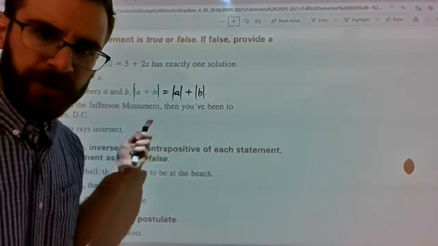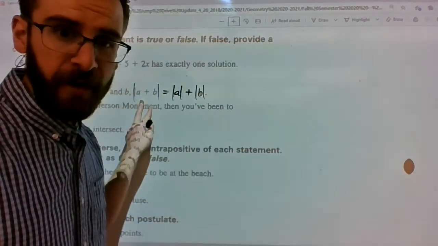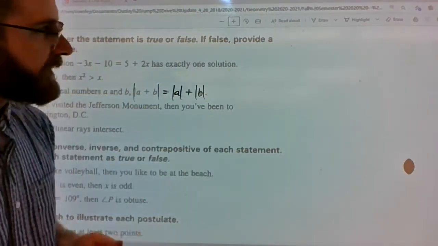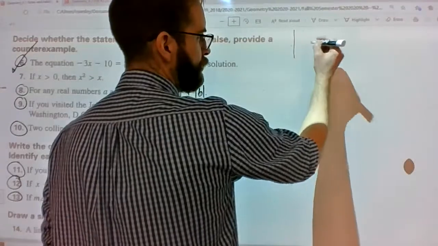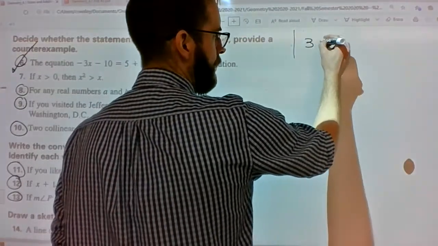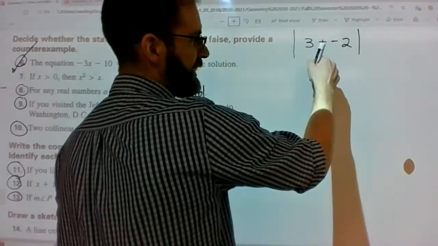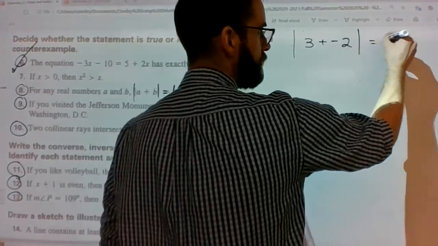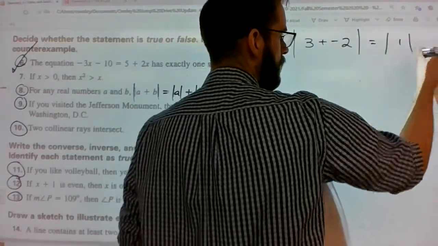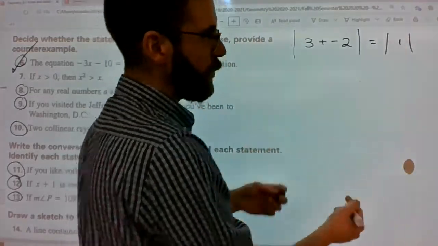Absolute value basically turns everything inside the bars positive. So if you had the absolute value of 3 plus negative 2, that's going to equal 3 minus 2, which is 1. The absolute value of 1 is 1.